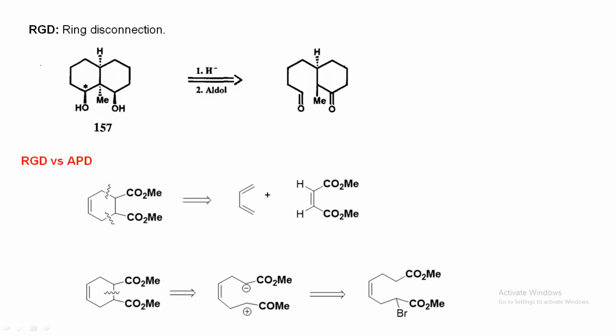So what is ring disconnection? Let's say we have not done that two bond disconnection. We have clipped just one. If we clip this one, you can simply think of this molecule. From here to here, how can we do that?